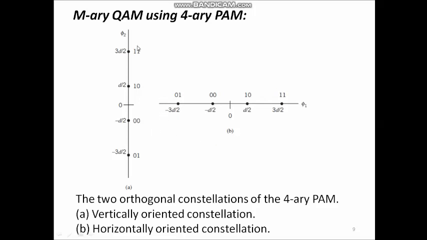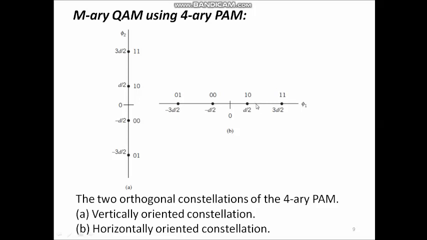For this, you need to consider 1 1 and 1 0 of the first figure and 0 1 and 0 0 of figure B. In stage 3, the third quadrant constellation, you need to use 0 0 and 0 1 of figure A and 0 1 and 0 0 of figure B. Please listen carefully. And in stage 4, find the fourth quadrant constellation. Here you need to consider 0 0 and 0 1 of the first figure and 1 0 and 1 1 of the second figure, figure B.